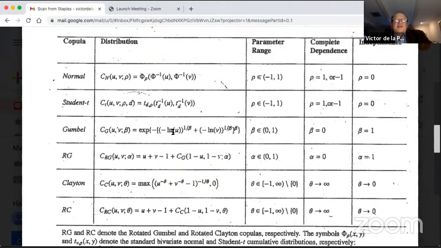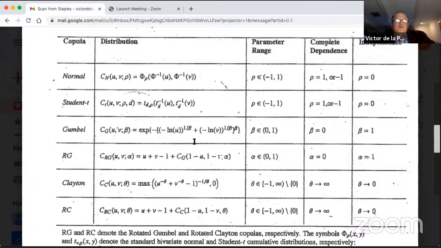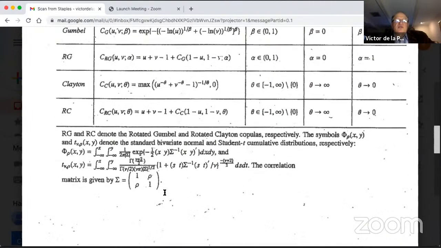So Gumbel got his name associated to a copula, and this is one of the copulas that I showed you can be generated from decreasing functions. It comes with a parameter beta. Complete dependence is when beta is equal to 0, and independence is when beta is equal to 1. Then there's Gumbel, rotated Gumbel, Clayton copula, rotated Clayton.